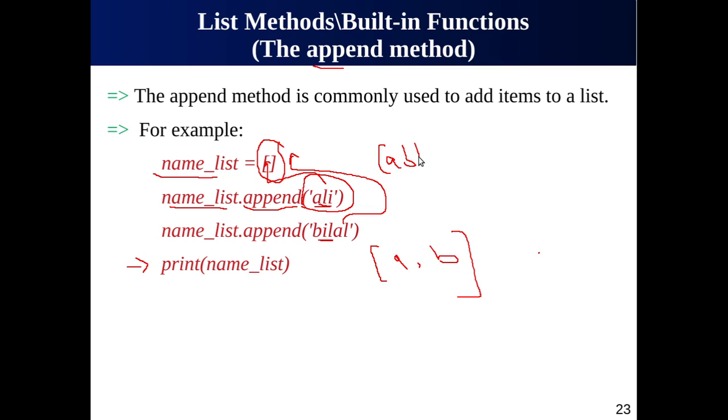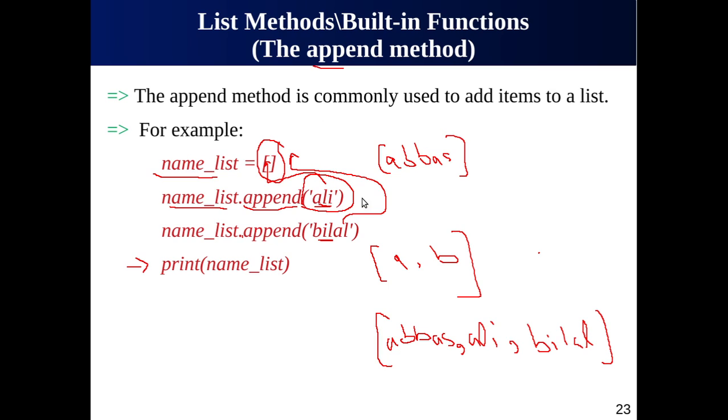For example, we have Abbas already in the list, and then you apply these two. What will happen? As I just mentioned, it will add Ali to the end of the list. So if you already have Abbas there, it will add Ali after Abbas, and then if you want to add Bilal, it will add Bilal to the end, and if you have other elements, it will continue adding them to the end.